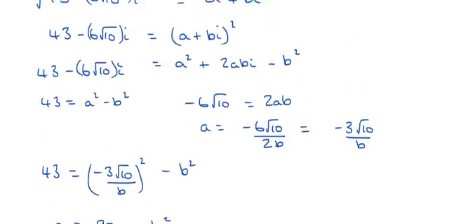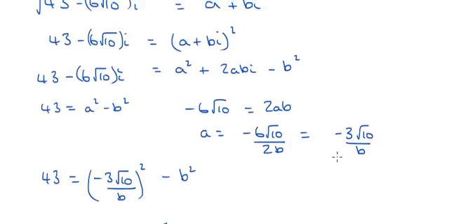So that's b. A was minus 3 root 10 over b.